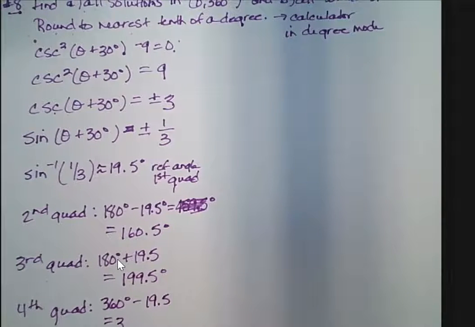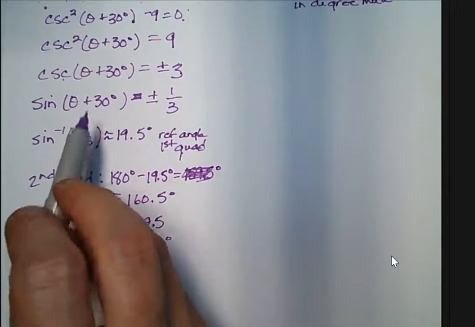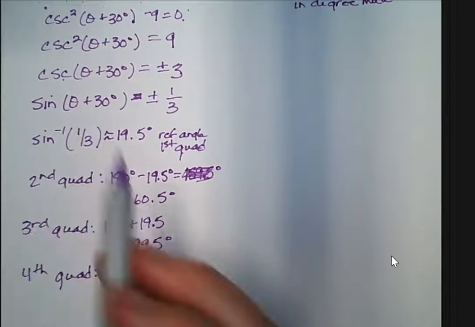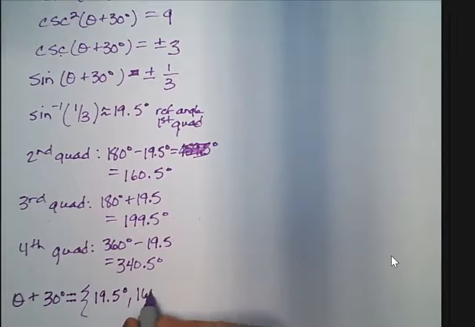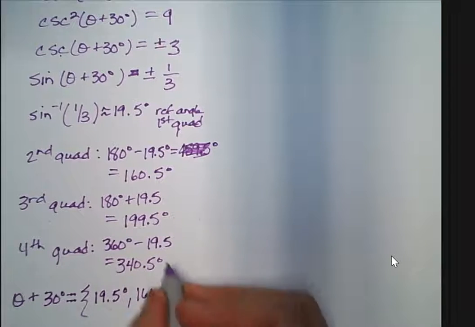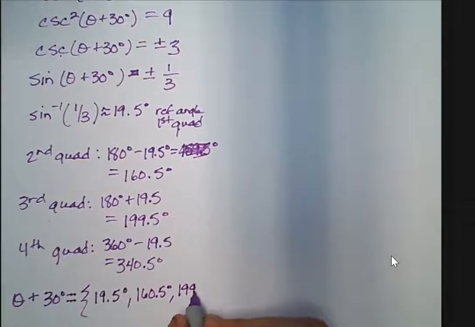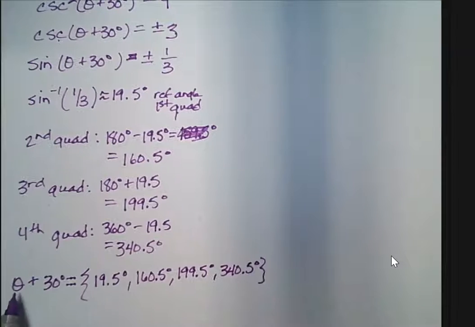That's going to give me 340.5 degrees. Now what I have for my theta plus 30 degrees is 19.5, 160.5, 199.5, and 340.5. In order to solve this for theta, that means that I need to subtract 30 degrees from each one of these.